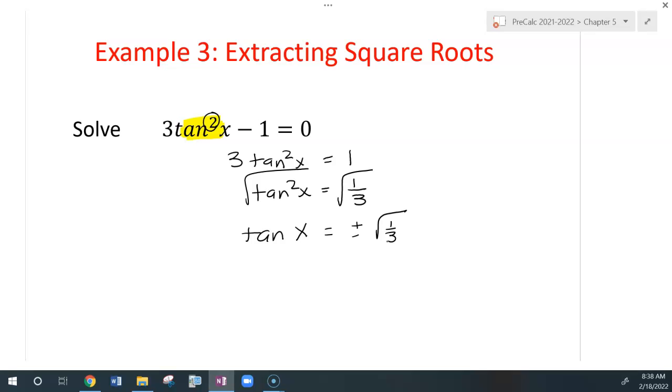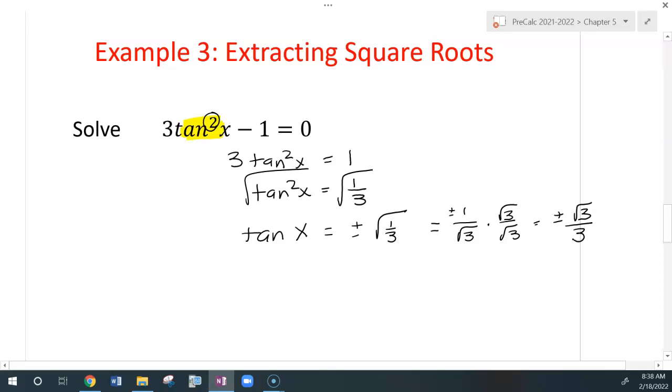And I'm going to then do some simplifying. I can square root my numerator, that's just 1, and the denominator is just square root of 3. Let's rationalize that. So I get plus or minus square root of 3 over 3.